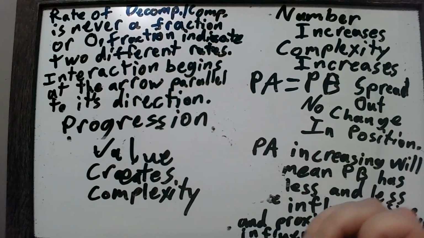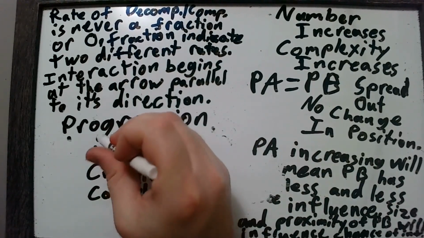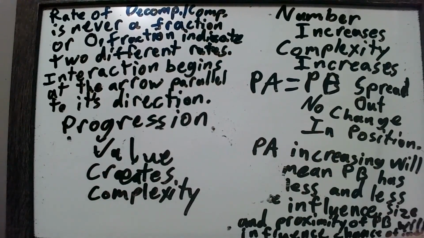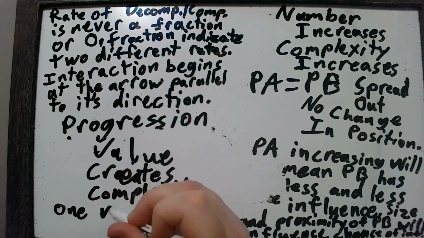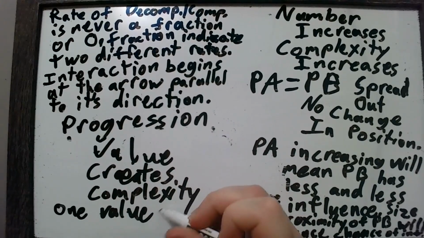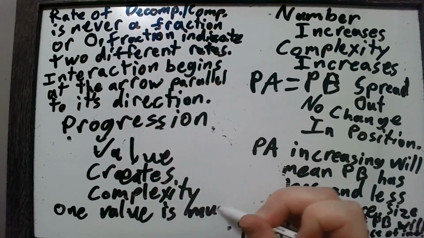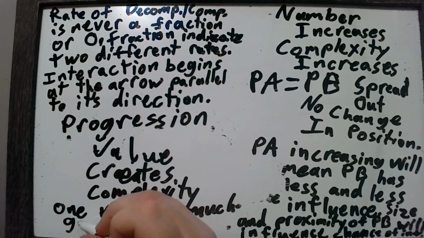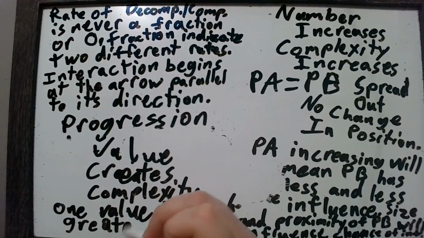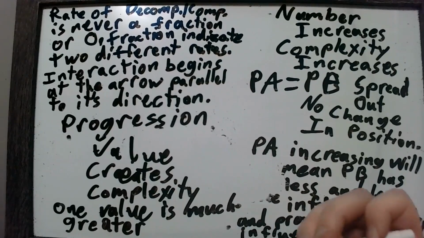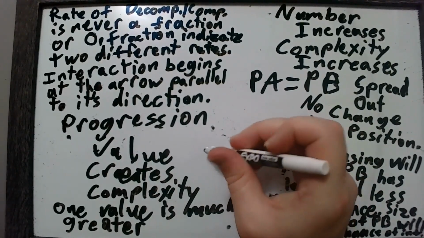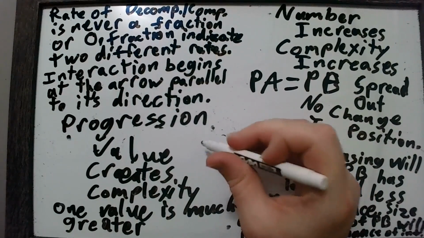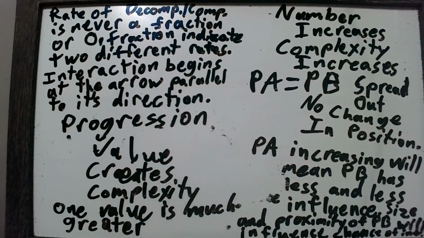The interaction is always going to try to step down, and if one value is much greater, then that means that the value that is less is going to be ignored. Okay? That's because it's going up in steps, and essentially what happens is it completely passes the lesser value.